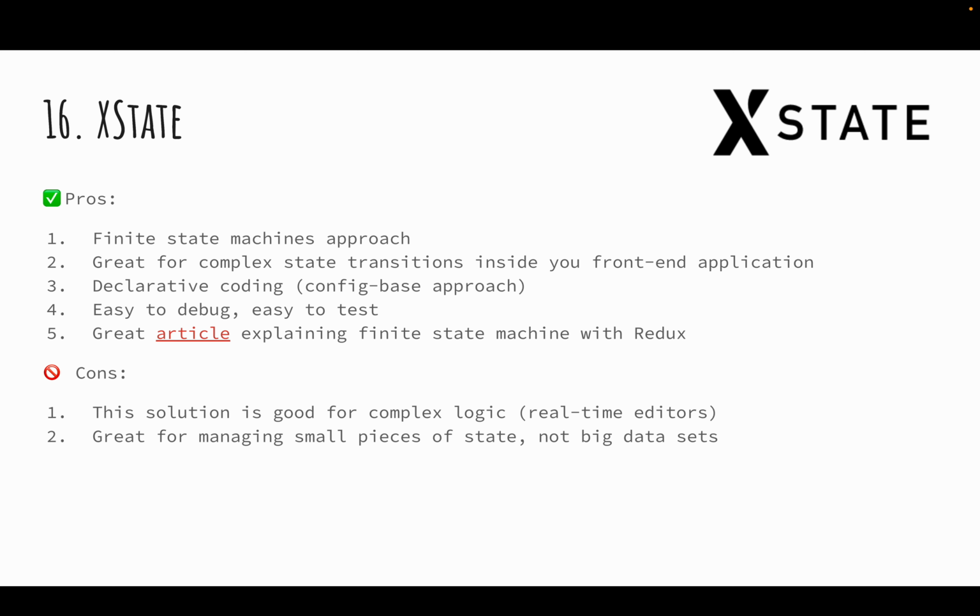So I also added a great article that explains finite state machines in combination with Redux. For example, if you have an application that uses Redux and you need complex state management, you can check this article. But I think that this solution is only great for complex logic.